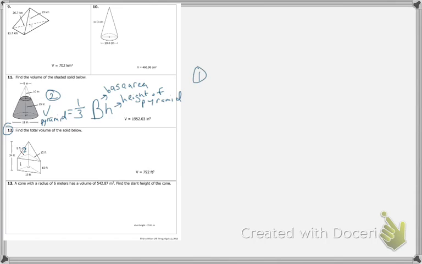If I'm going to do the volume of a triangular prism, we just need to get the base area, and then we have to multiply it times h, which is the height of the prism. That height of the prism is between the two bases.